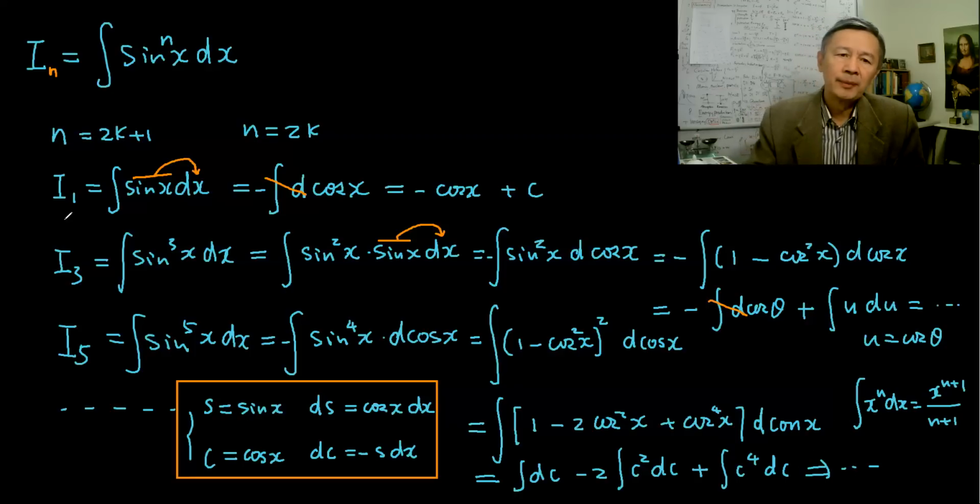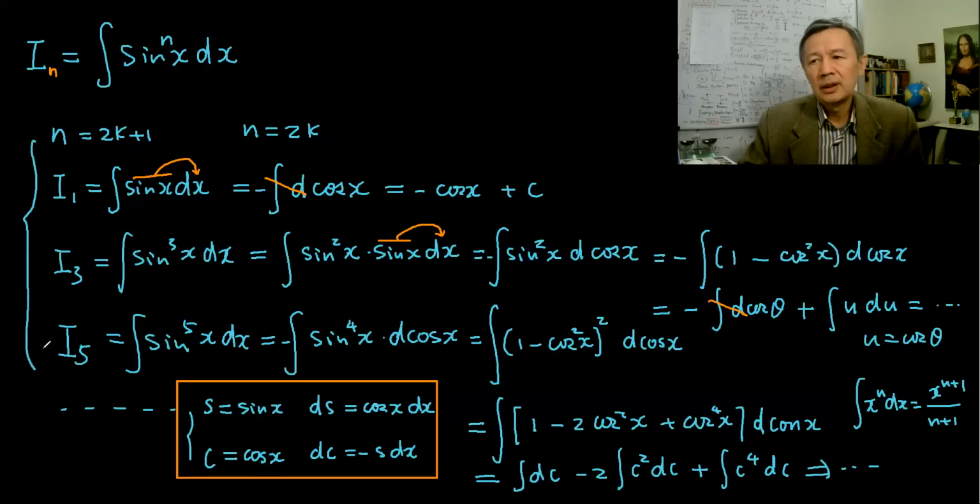So as a whole, if n is an odd number, it is relatively straightforward. By straightforward, I mean you don't have to invoke too complicated a substitution, or consider integration by parts.